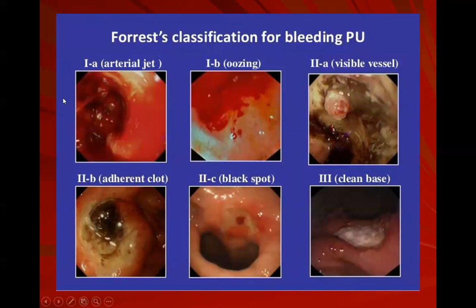So first, they start with the active bleeding, and then the lesser degree would be the oozing of blood. Okay, the lesser degree would be the visible blood vessel, and then the adherent clot, and then the pigmented spot, and then the clean ulcer.